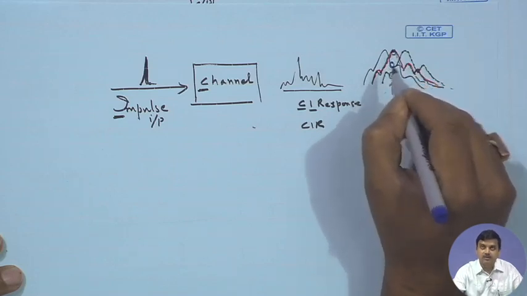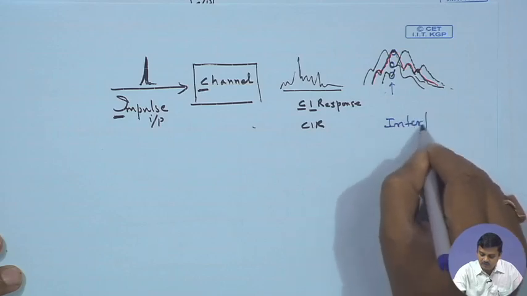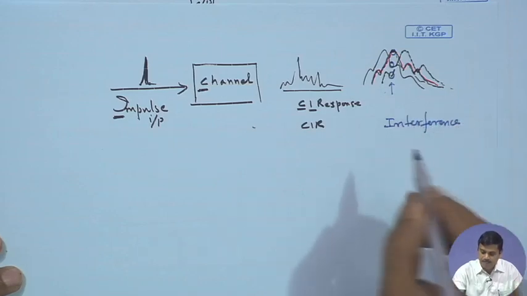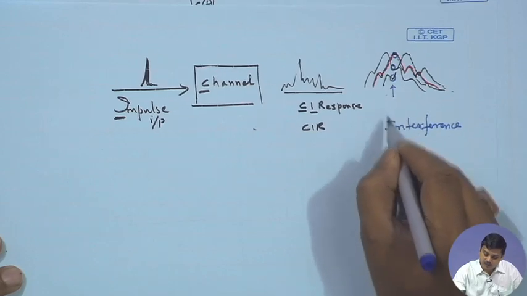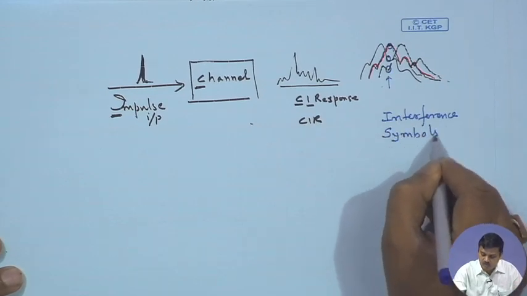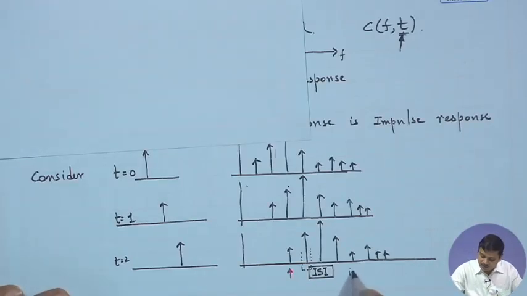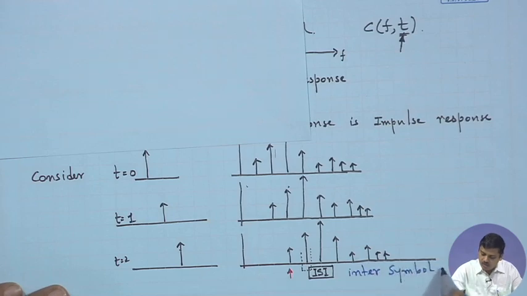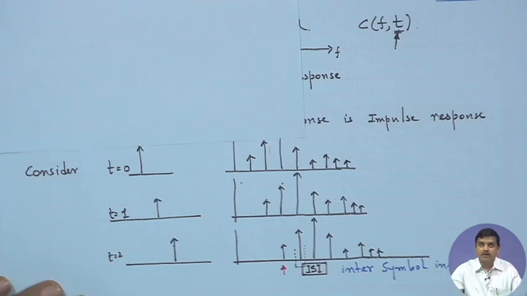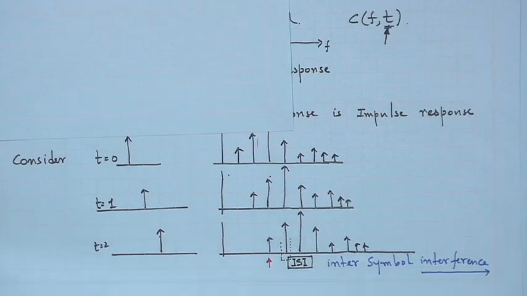So what we see is there is interference from the symbols, and we generally term it inter-symbol interference. Inter-symbol interference is the terminology that we use for this situation.